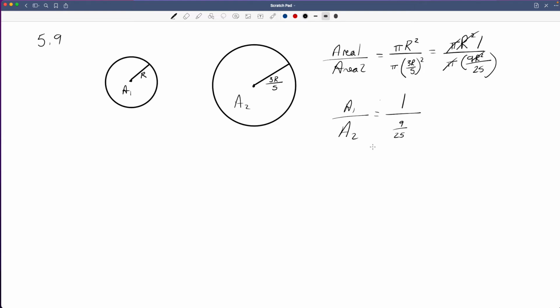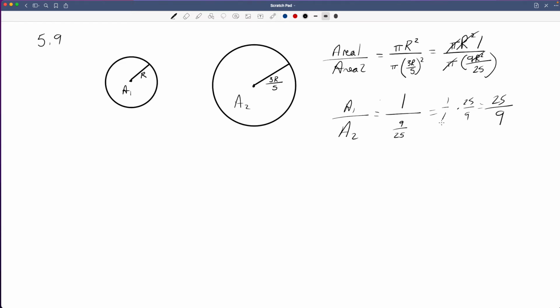So now, in order to solve this, we need to keep it, change it, flip it. We say 1 over 1 times 25 over 9, which becomes 25 over 9. We could have tried to use the fact that the ratio of the areas equals the square of the scale, but we might have ended up with 9 over 25. If we work it out each time, we can be accurate and have a better feel for what we're doing.